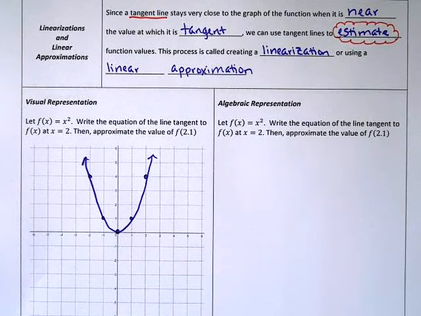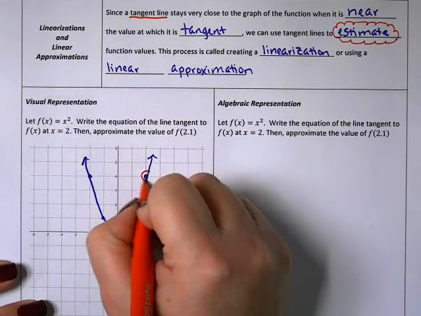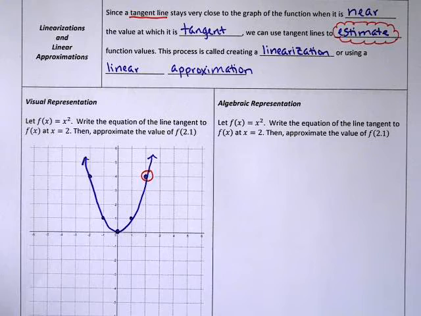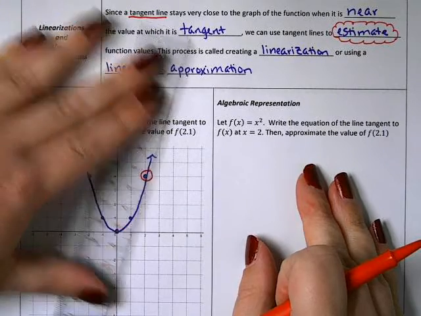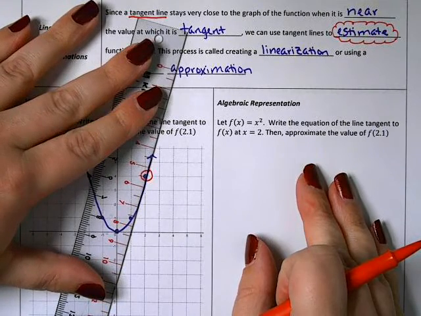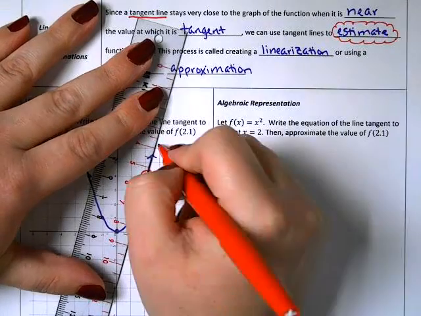Now we want the equation of the tangent line at x equals 2. So we want to be tangent to the graph right here at 2, and that would be something like this.